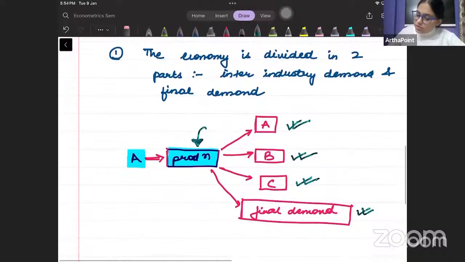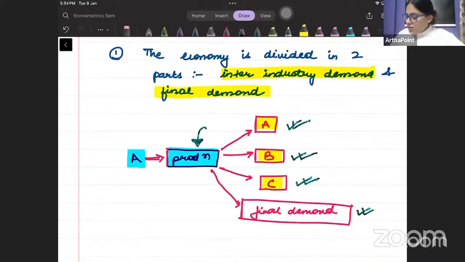So this is what we have written here, that there will be inter-industry demand, मतलब this part, and there will be final demand, which means this part.